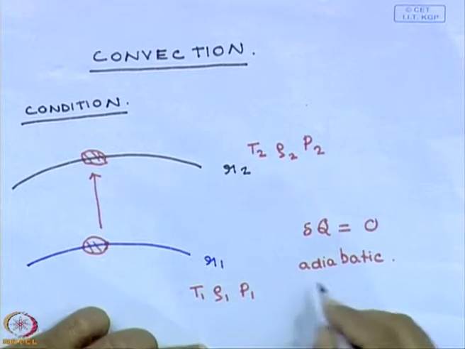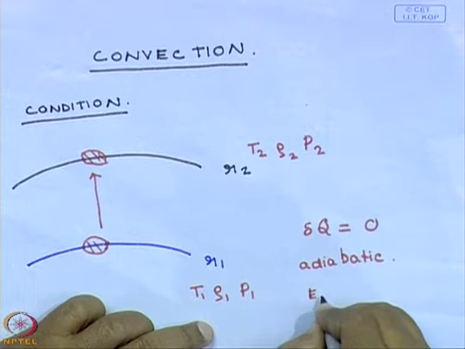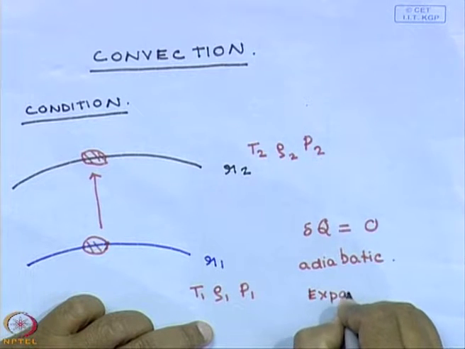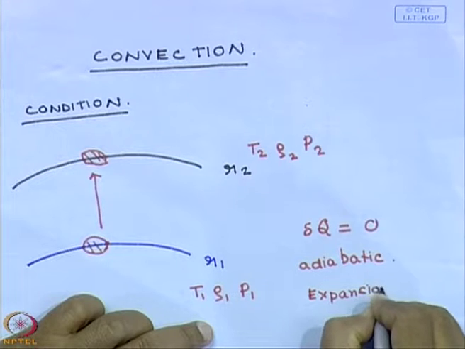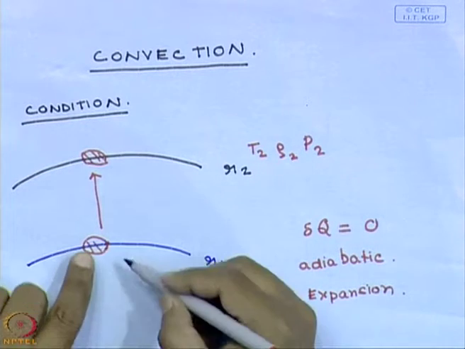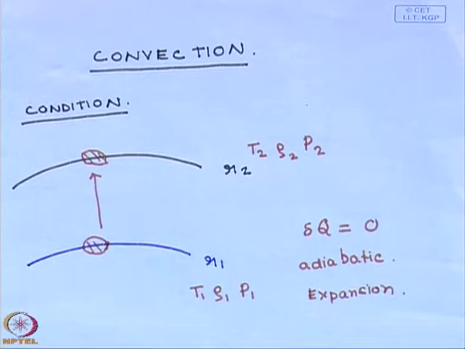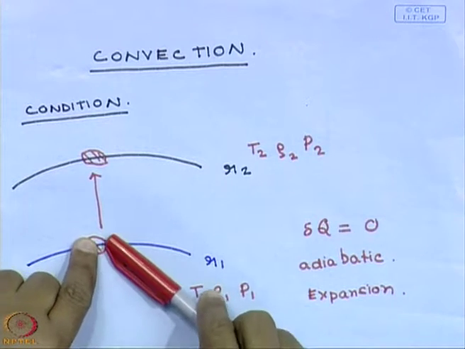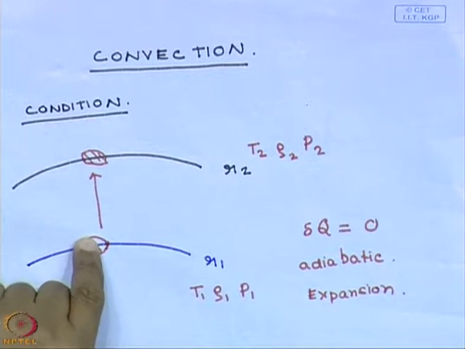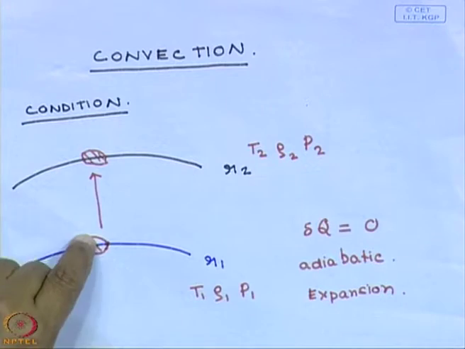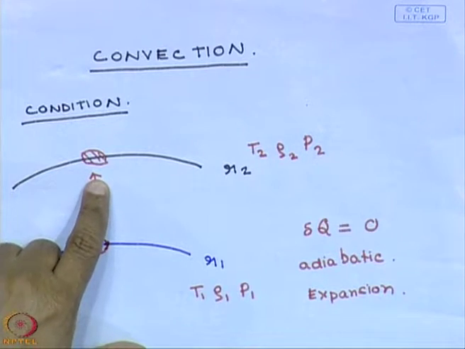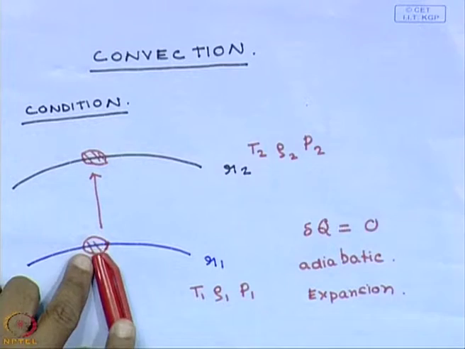So, it is going to undergo adiabatic expansion. As a consequence of this adiabatic expansion to another pressure P2, its temperature is going to fall; it is going to be cooler than what it was earlier.